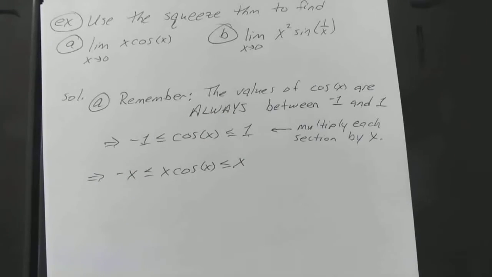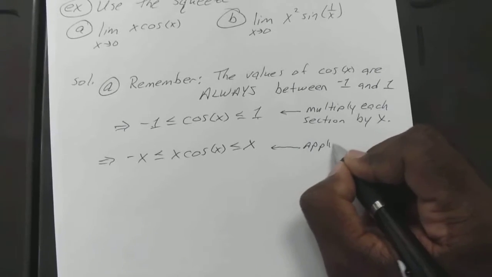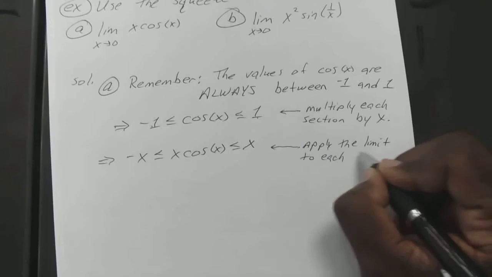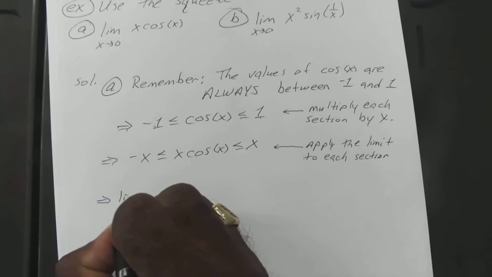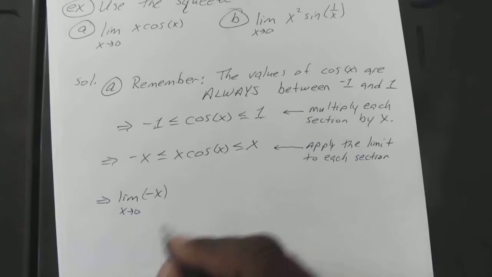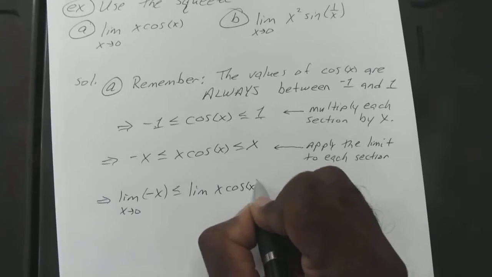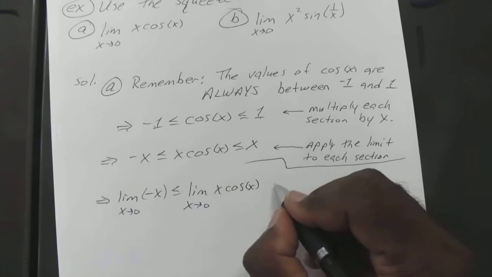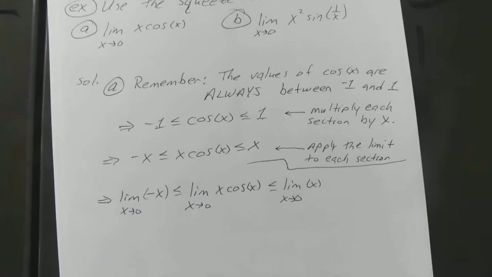So now if we apply the limit to each one of those sections, then that would give us the limit of negative x as x approaches 0 is less than or equal to the limit of x cosine of x as x approaches 0, which is less than or equal to the limit of x as x approaches 0.